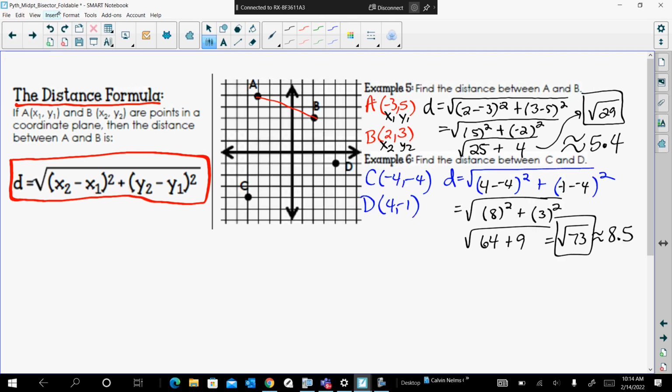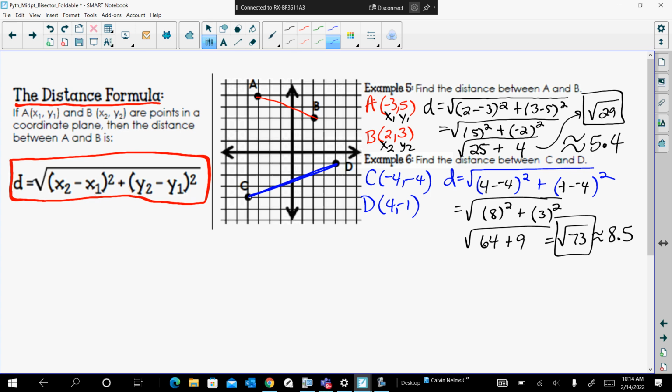All right, guys, add this to your green notes real quick. I'm going to show you a shortcut. You can use it on the guided practice. If you want to, use your segment right here that you're trying to find the distance with.